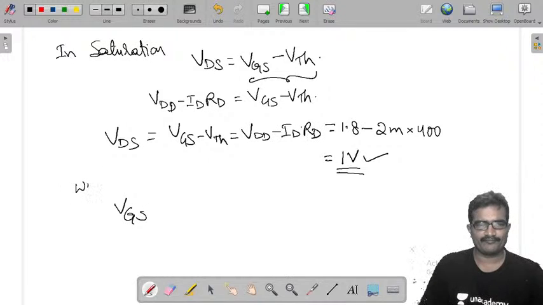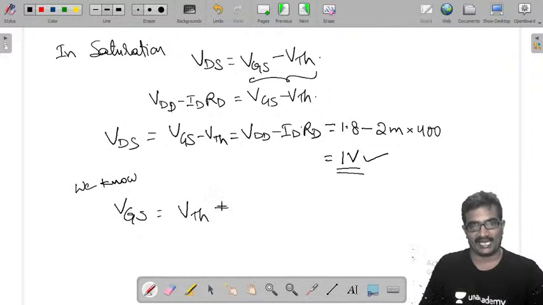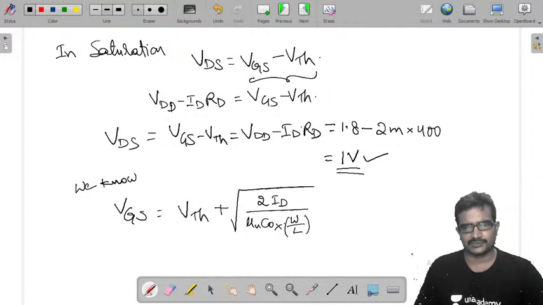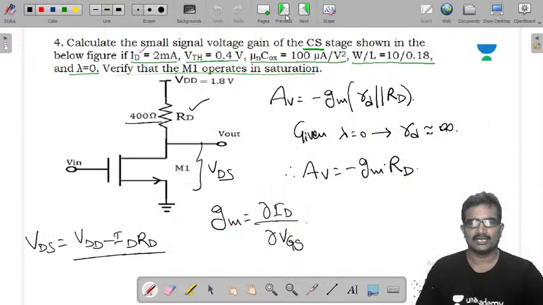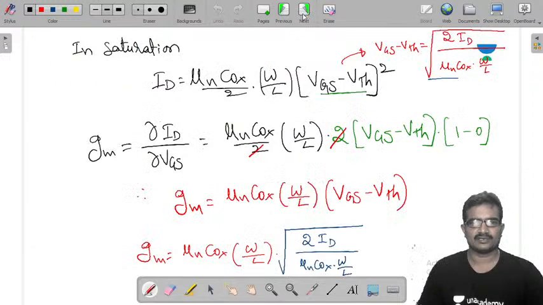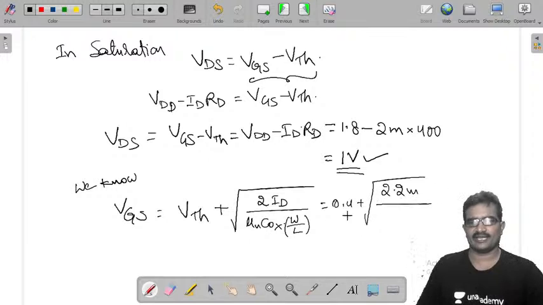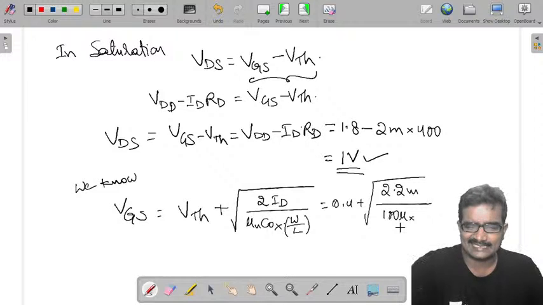So from ID we know the VGS, which is VTH plus square root of 2 ID by mu n into COX into W by L. Just to substitute values, they given VTH is, I think so, 0.4 plus square root of 2 into 2 milli divided by mu n COX 100 micro into W by L value.